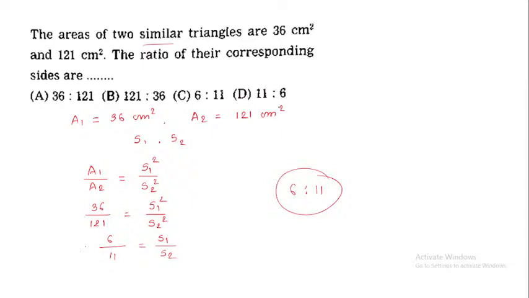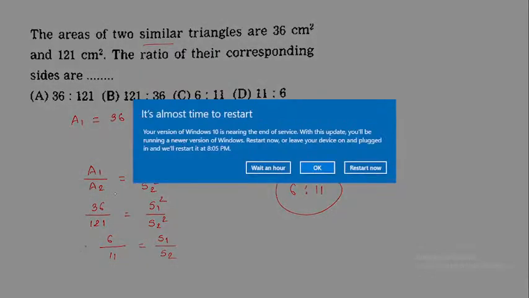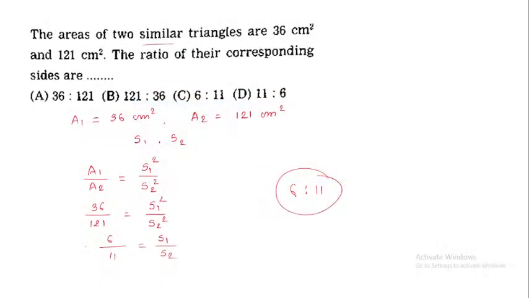As the areas of two triangles are given in the respective order 36 and 121, we have to take the ratio 36 divided by 121. If here we take 121 divided by 36, then we can get the wrong answer. So that's why the correct answer is 6 is to 11, that is alternative C.